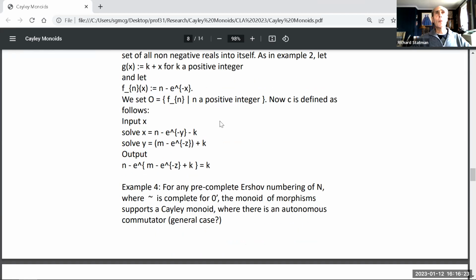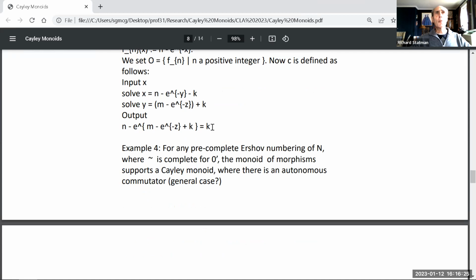If you like recursive functions, and I guess this will be our first good, interesting example, if you take any pre-complete Ershov numbering of the natural numbers, where the equivalence relation is complete for a jump of 0, I realized in doing this that I didn't know very much at all about arbitrary pre-complete Ershov numberings.